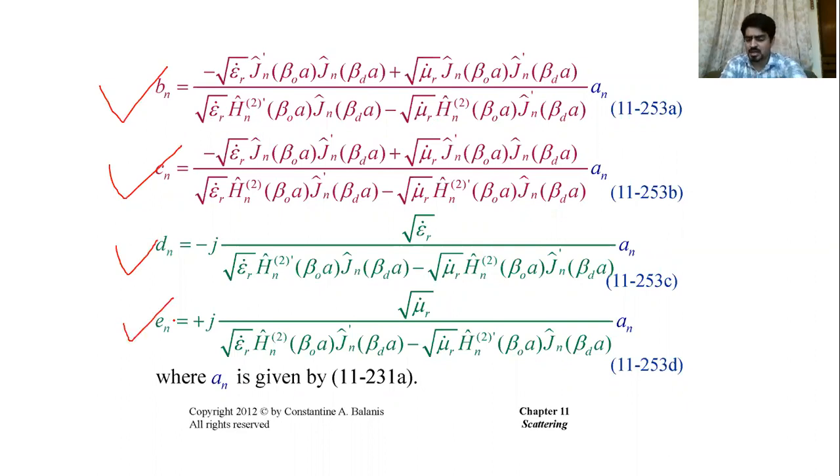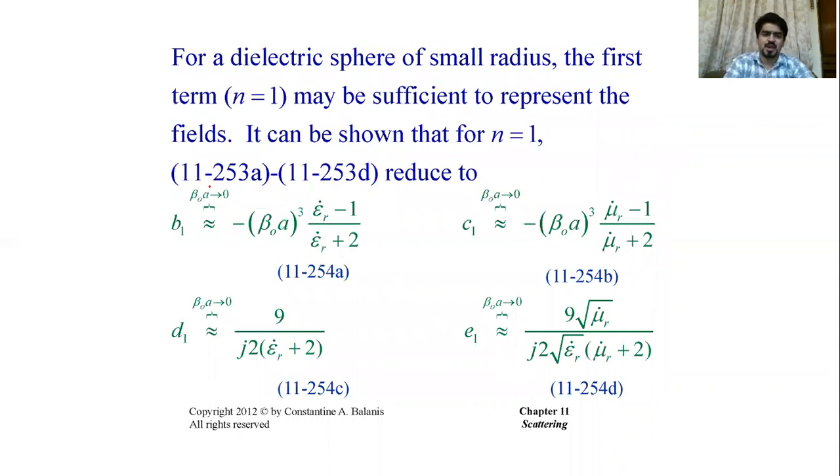Also, if you have a very small radius, that is what you would see for a rain droplet. For a rain droplet, the radius is much smaller compared to the wavelength, and that's why you see Rayleigh type of scattering. For that, these will be the values of those coefficients B1, C1, D1 and E1.